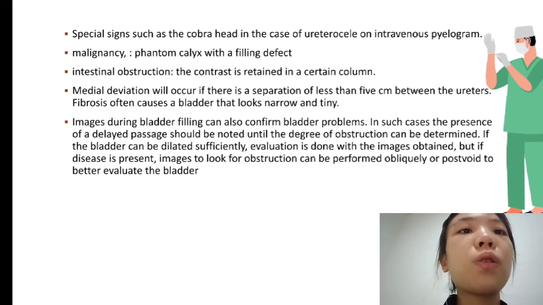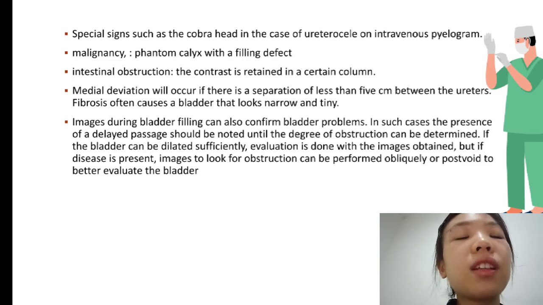In such cases, the presence of delayed passage should be noted until the degree of obstruction can be determined. If the bladder can be dilated sufficiently, evaluation is done with the image obtained, but if disease is present, images to look for obstruction can be oblique or post void to better evaluate the bladder.